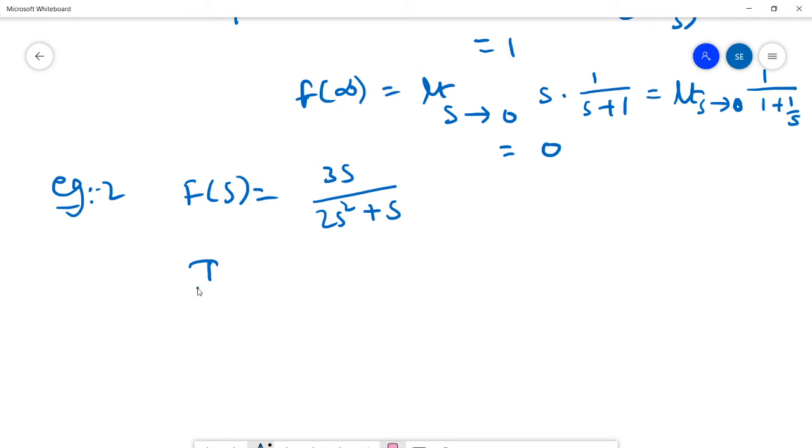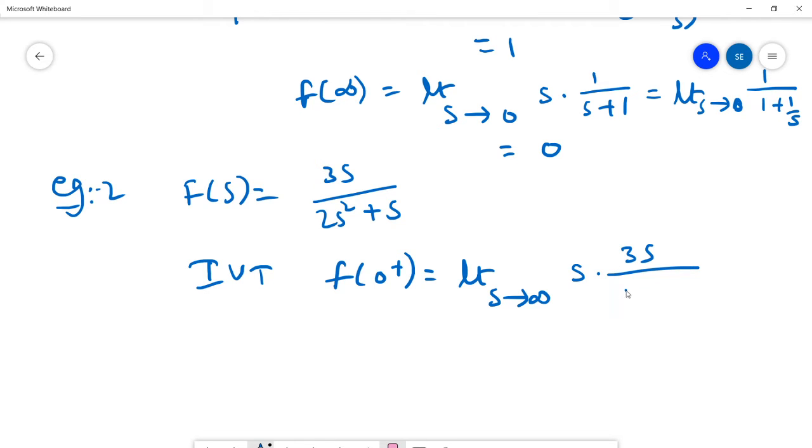Applying initial value theorem, what you get? F of 0 plus is equal to limit s tends to infinity, s into 3s by 2s square plus s. You can take s common outside, right?